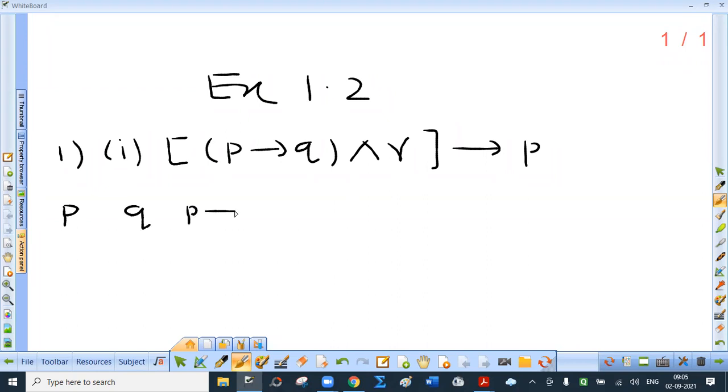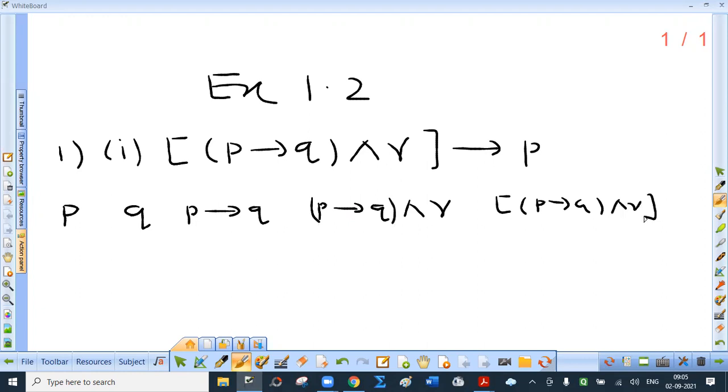Third is P implies Q, then P implies Q and R. Okay, and finally put this in bracket. P implies Q, here also you should use bracket. P implies Q and R, bracket complete, implies P.